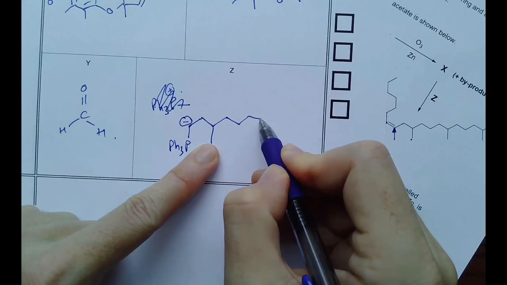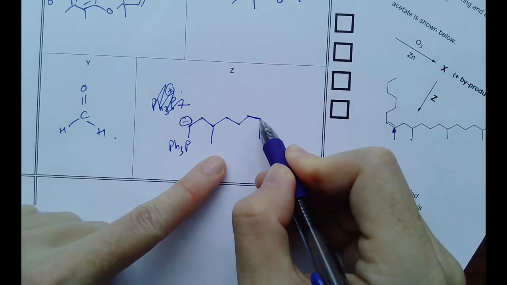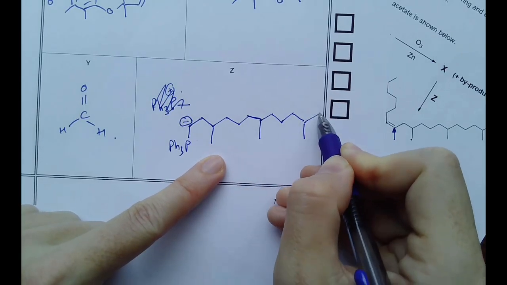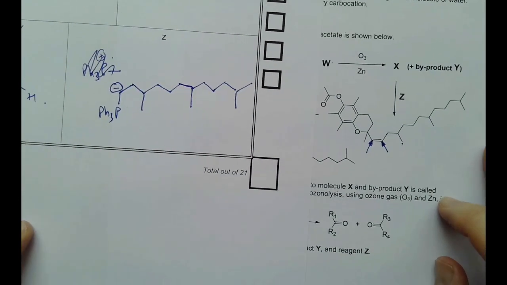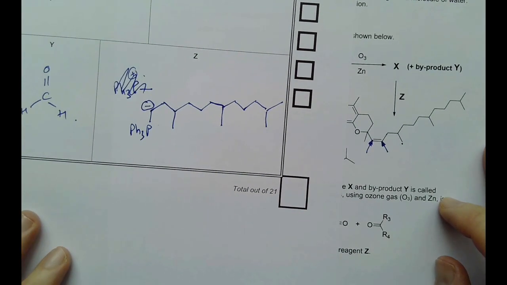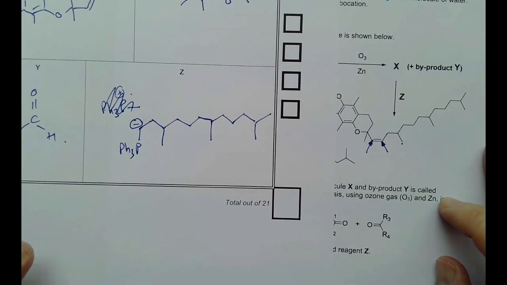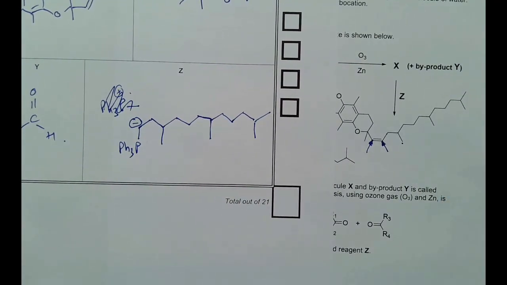So, whoops, down, like that. Okay, oof, that looks almost as bad as some of the structures I see my students draw, but I'll take it for now. And there you have it. There is your second, or your third, or your fifth, I can't remember now, Wittig step.